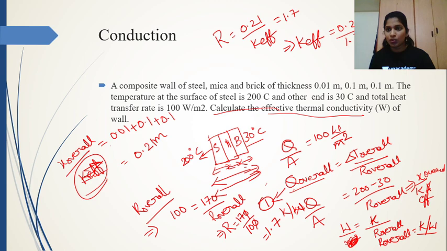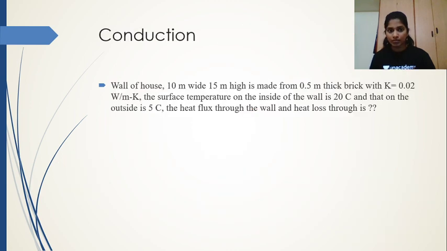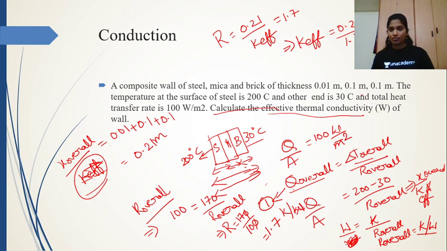So this will be watt meter per Kelvin for an area of 1 meter square, which is watt meter per Kelvin meter square, which is nothing but watt per meter Kelvin.